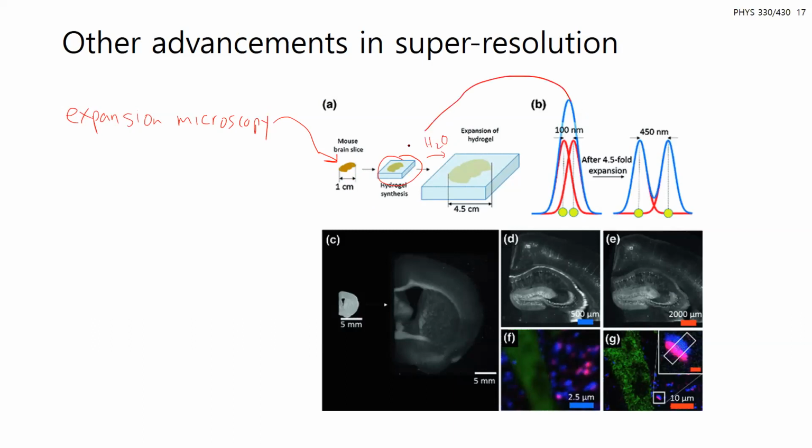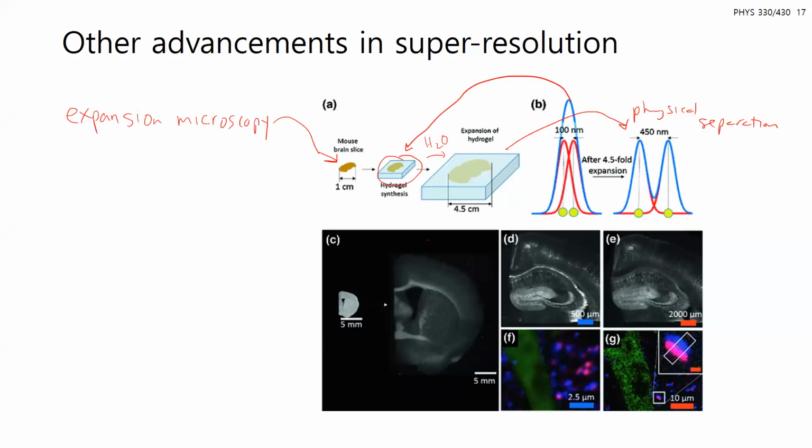So here, this is what the native sample would look like, where we have these fluorophores overlapping, but this is a physical separation. By literally expanding our sample, moving those fluorophores apart, you can then resolve them and then back calculate what the image is.